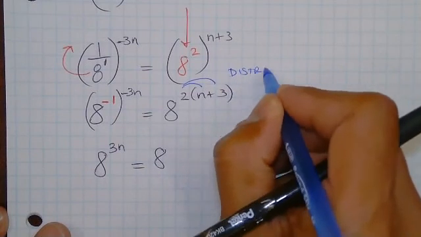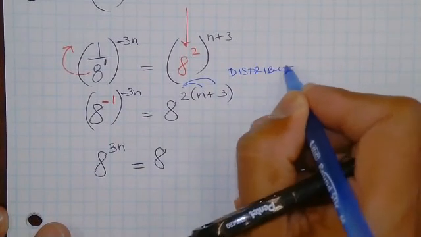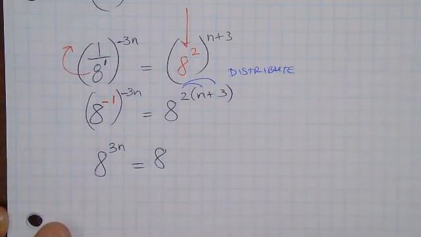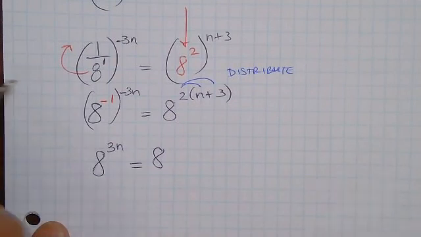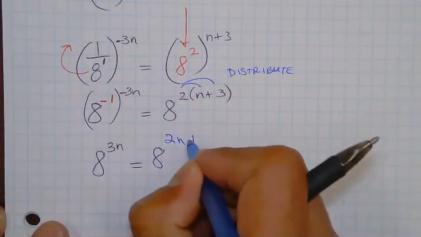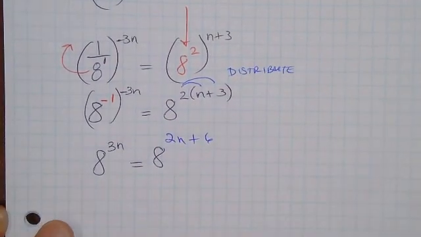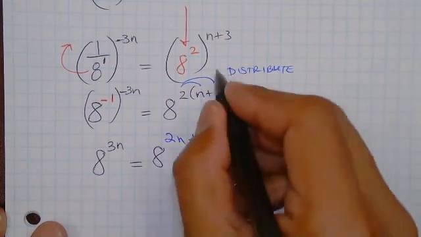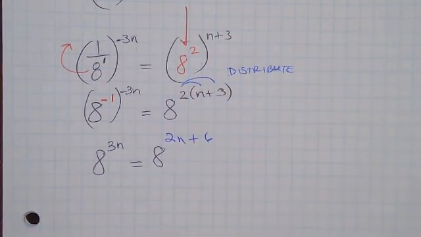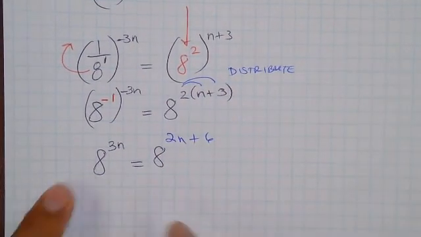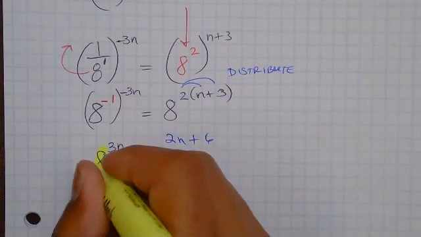No. Stop trying to guess. The 2 has to distribute. So that's going to be what? Everybody got 2n plus 6 now? Yeah. All right, we're good.